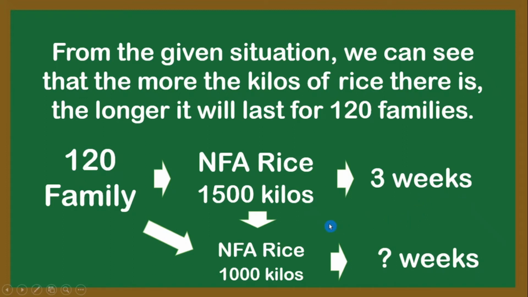Mapapansin nyo dyan na pag bumaba yung bigas na binigay sa kanila, sigurado bababa din. Bakit? Kasi mas mabilis nilang kumukunti yung bilang ng kilo ng bigas. Siyempre, bibilis din yung araw na mauubos nila ito.